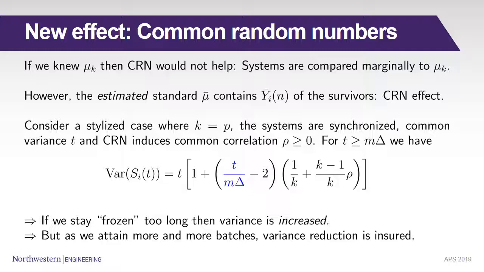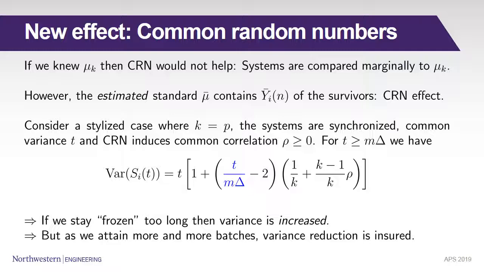So let's suppose we're at time m delta, that is, we've accumulated m batches of delta local time on each observation, and we're sending system I out to get another batch of delta. What's the variance of S_I, the partial sum, as a function of t? That's the expression on the right, and the important quantity is the one highlighted in blue.